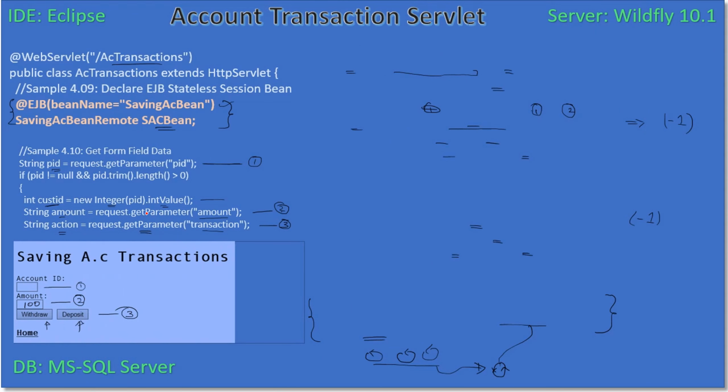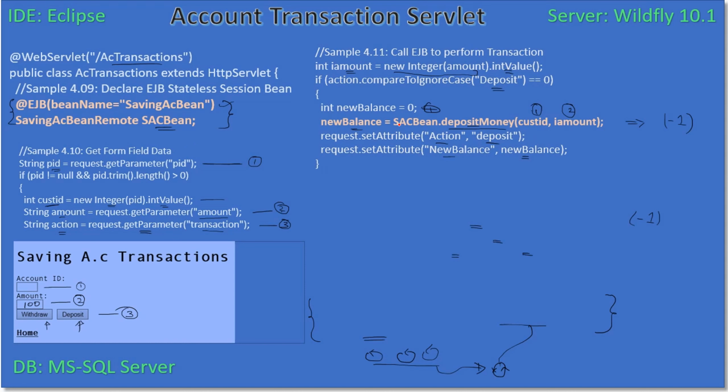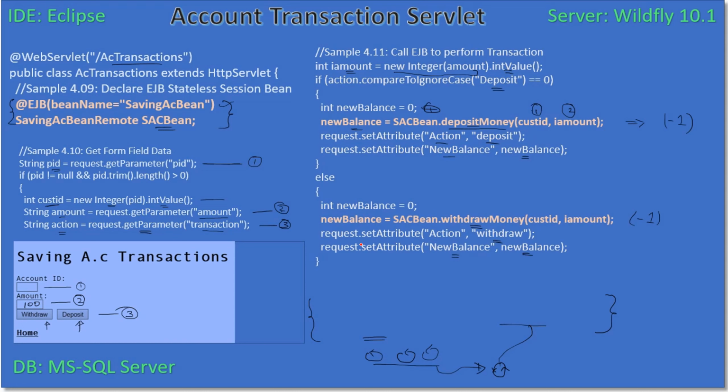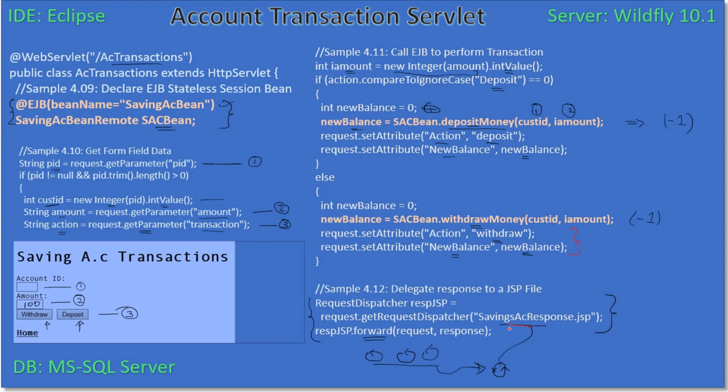And if you see, in each of these cases we perform the request forward to the saving account response. Here we are setting the attribute action as well as the attribute that is relevant to the action.